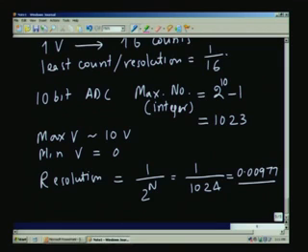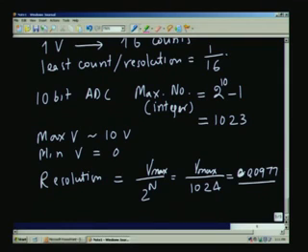That is a fraction. If you multiply by the maximum value, V max, 0.00977 into 10, this will be something like 0.0977.